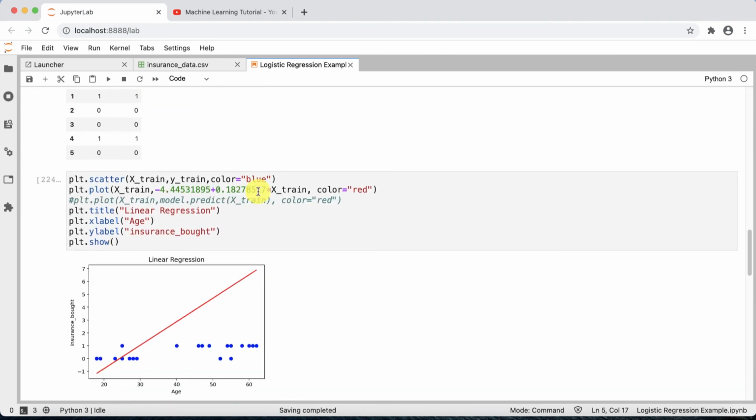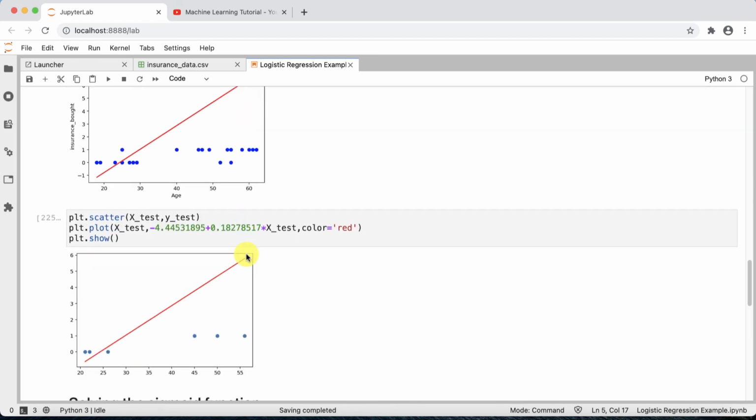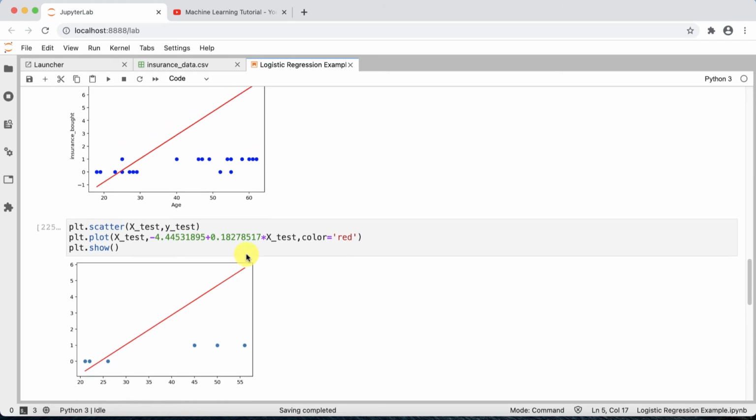Now let's try to see the difference between the linear model and the logistic model, right? So this is our linear model. You see guys over here that if I print the graph with the use of the linear model, then some points are missing over here. My line is not perfectly fitted, right? And let's try to predict the values with the use of our logistic regression.